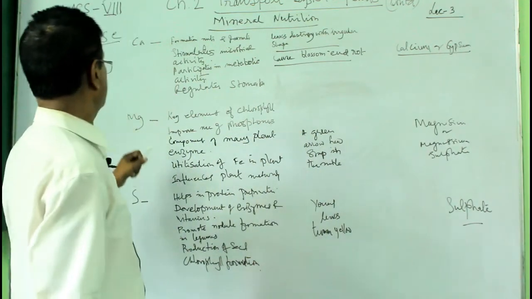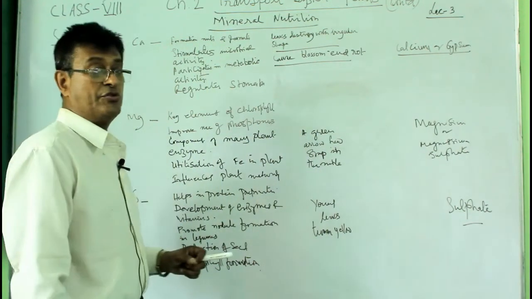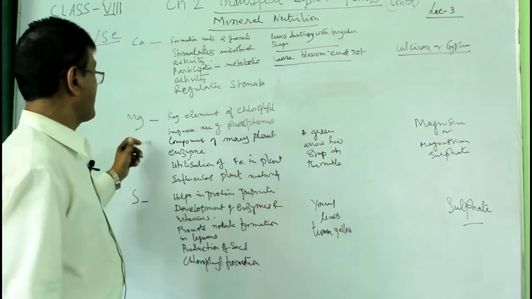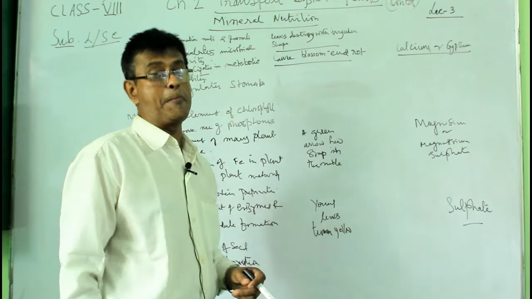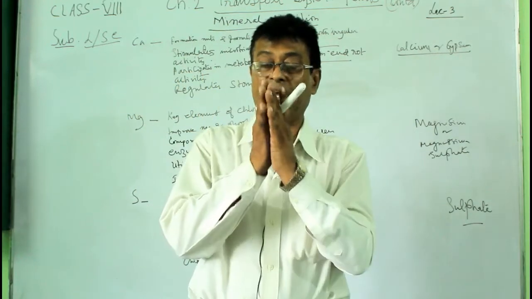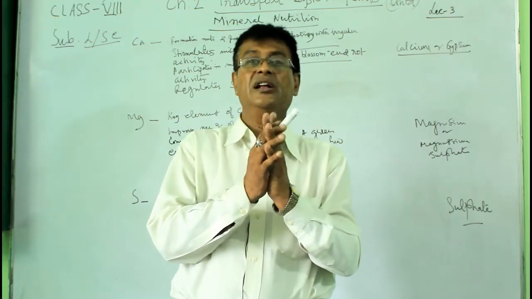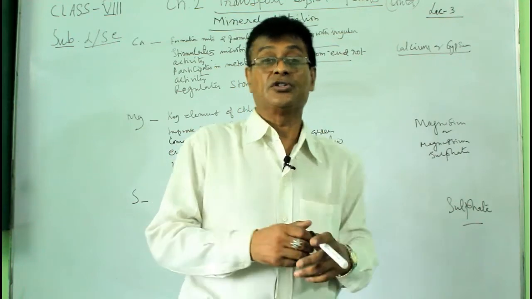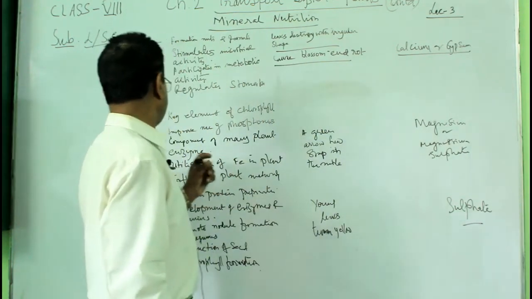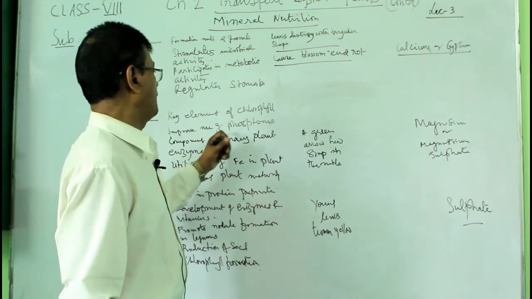Well, the next macronutrient is magnesium. That is a key element for the preparation of the chlorophyll. In chlorophyll, there are many chemicals, but mostly magnesium is the special component. Then there is improved use of phosphorus.